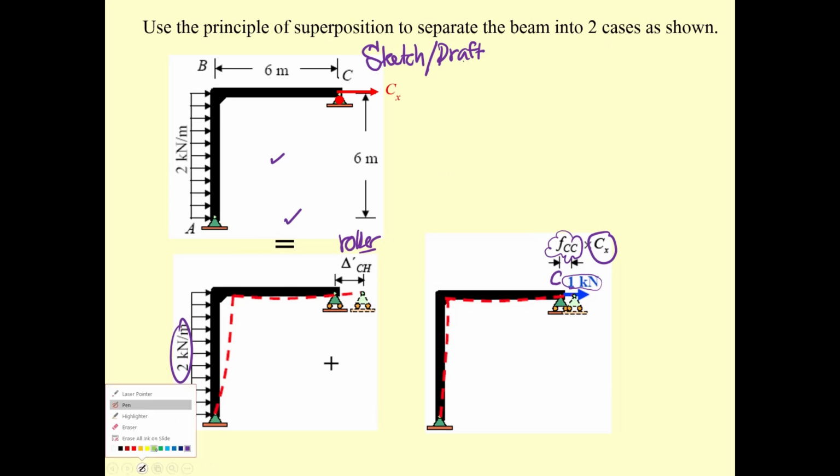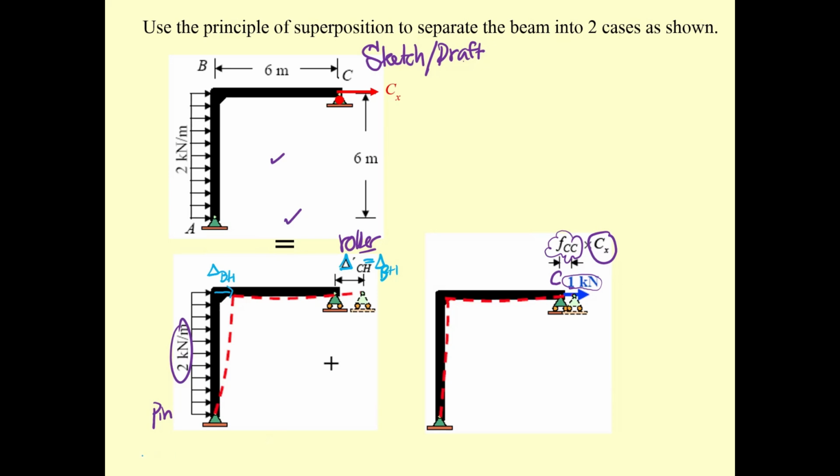Then you have to be very clear. Under application of the force, you will get delta sub CH equal to delta sub CH, because there is no elongation or shortening of the member.